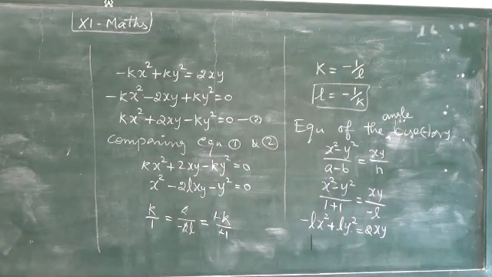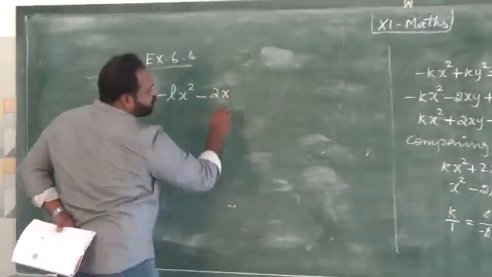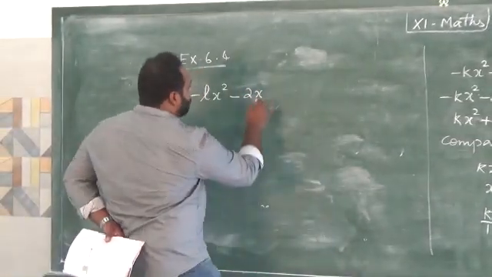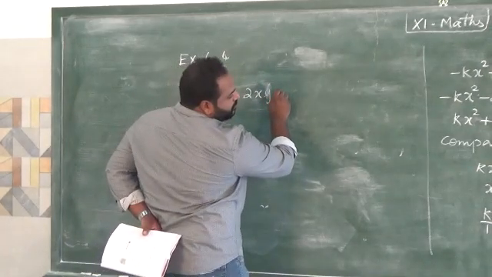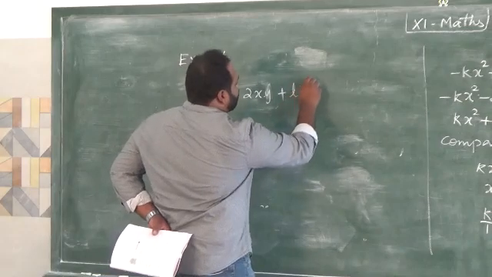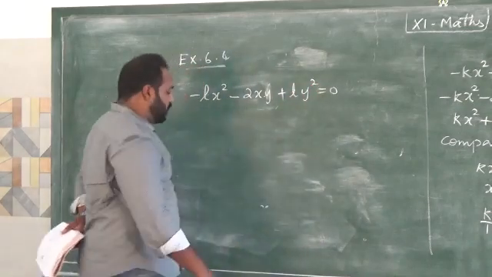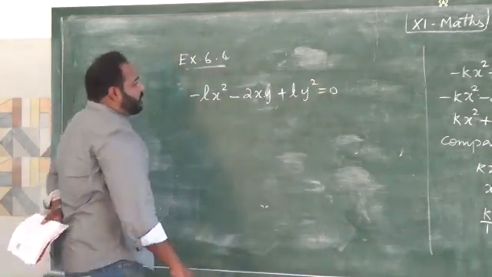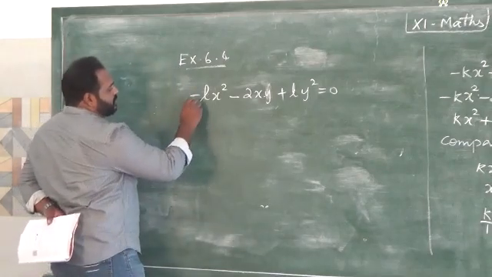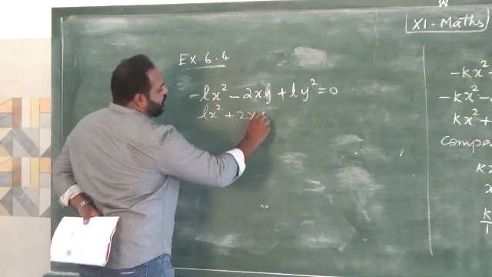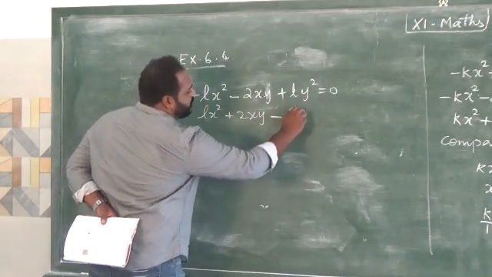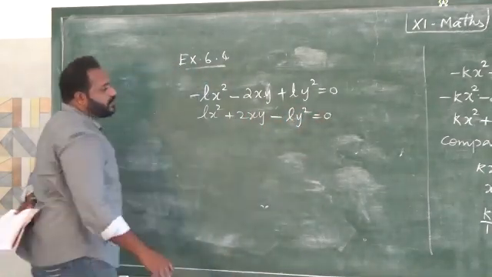If you bring 2xy to the left hand side, minus lx square minus 2xy plus ly square equal to 0. Here I am going to change the sign: lx square plus 2xy minus ly square equal to 0.